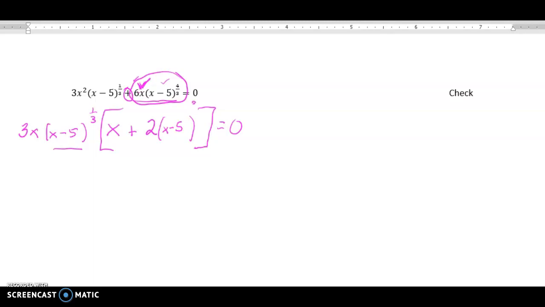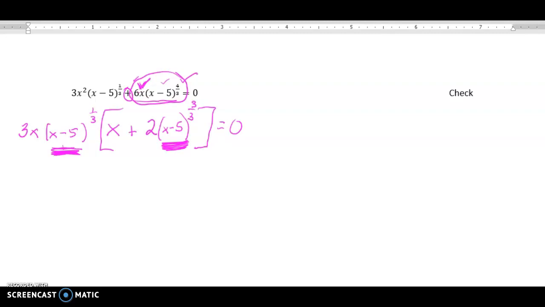I feel like this would be to the 3/3 power now, because if I multiply x minus 5 to the 1/3 times x minus 5 to the 3/3, I add my powers, and that would give me x minus 5 to the 4/3. And that is correct. And we notice 3/3 is really just 1. So this is really just x minus 5 to the first power.